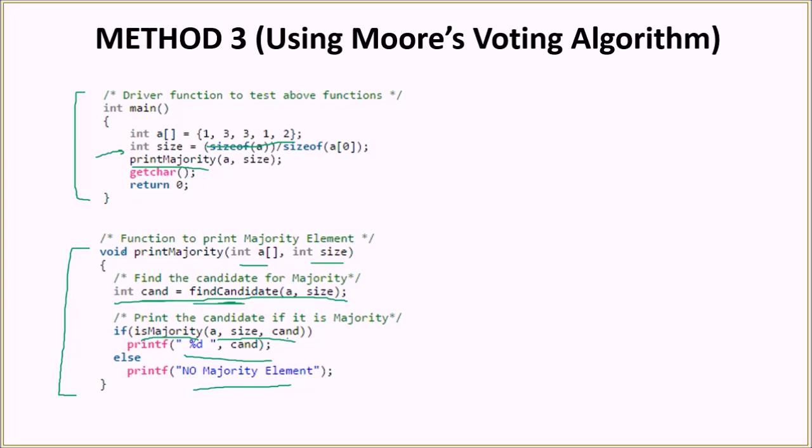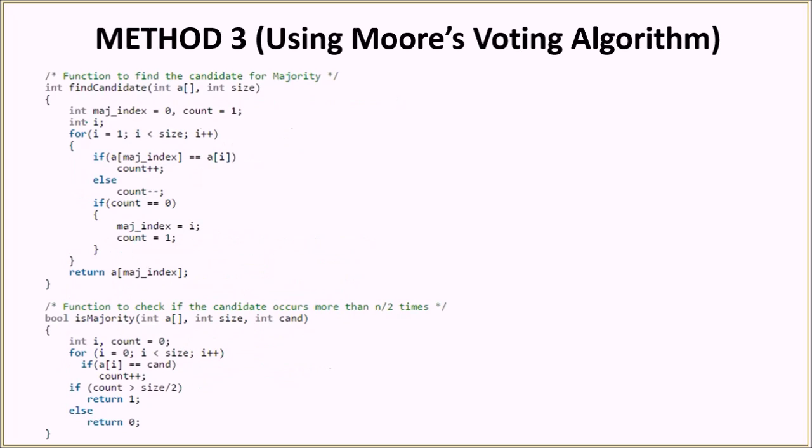Okay, so let's come here. We first of all will see the findCandidate function. We initialize majority index with 0 and the count with 1. i is initialized as 1 here. Then we run a loop till the size of the array, basically size minus 1.